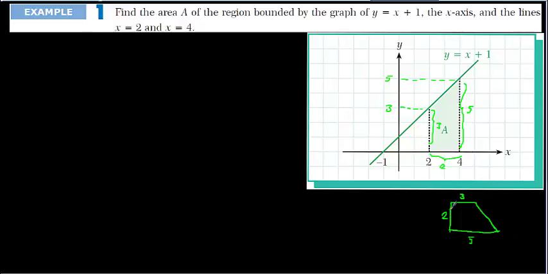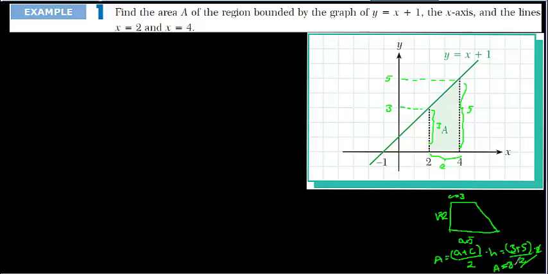The area of a trapezoid is (a plus c) over 2 times h, where a and c are the bases and h is the height. That equals (3 plus 5) over 2 times 2. The 2s cancel, and 3 plus 5 gives an area equal to 8.